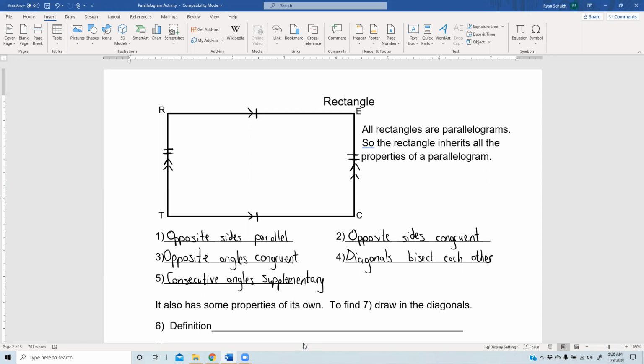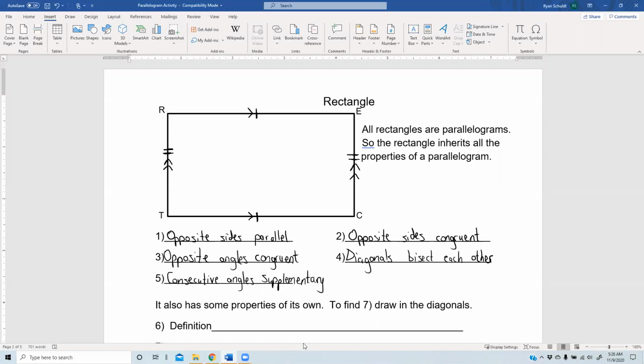However, it's its own independent shape. So it's got some properties of its own. The main one, what do we know about a rectangle? You probably know this to the point you don't even think about it being part of the definition.